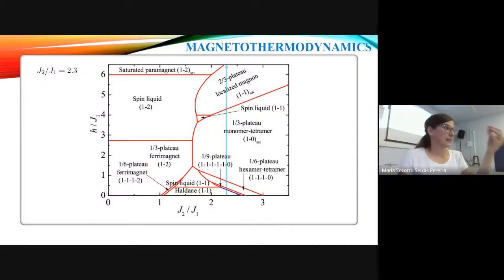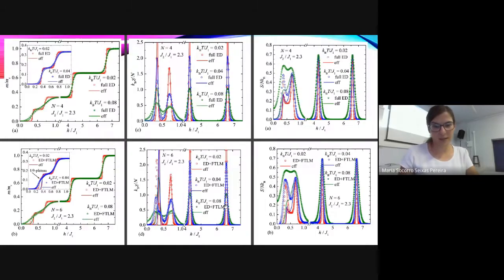Our lattice gas description also includes the Haldane phase, so it should also explain the zero magnetization plateau in, for example, the parameter region J2 over J1 equals 2.3. So here would be the zero plateau.